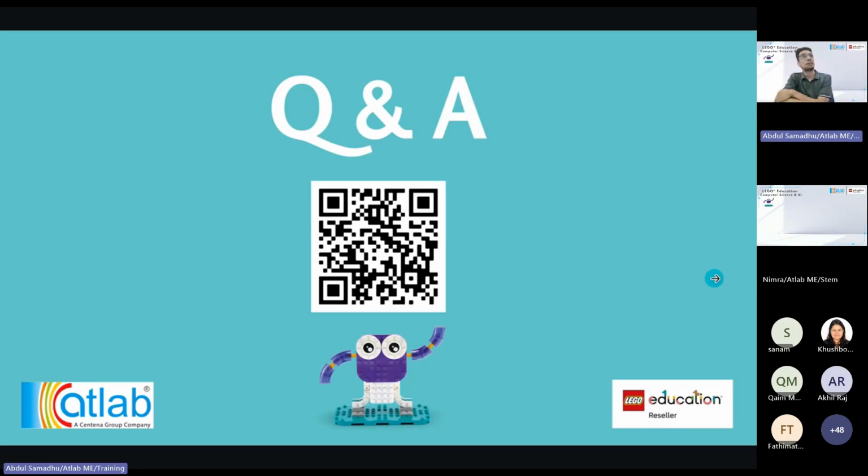Okay, for grade 9 to 12 students, what is the progression path after Spike Prime or this CSAI solution? Okay, so to answer this question, if you look at this particular kit, the progression ends at grade 6 to 8. What happens beyond that is, if you have Spike Prime as a solution that is readily available that you have been using in your school, you can definitely go ahead and progress from there, introducing them to higher concepts of programming using Python programming.